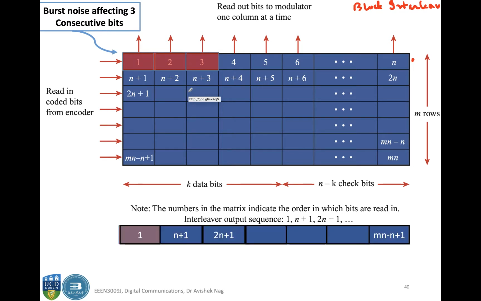If I am reading from this side, originally the data is encoded in this fashion. You have this entire block with k data bits and n minus k check bits, but it is read from this side. This block is read first, instead of this block, and then this block.